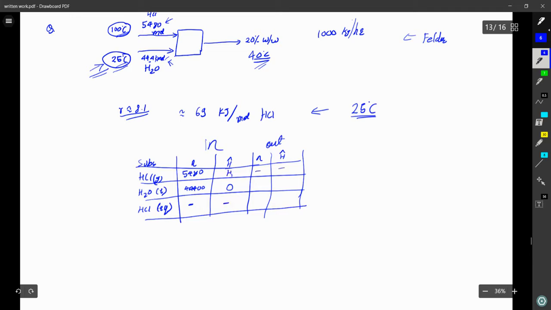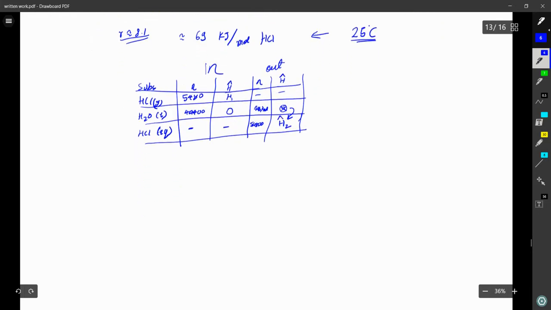Now there's one thing particular about mixtures: since everything is given in terms of moles of solvent, here 44.4 kilomole are there, but there is some H which I'm not taking separately. The H will be accounted for in the HCl aqueous. So you have 5480 moles and some H. Let me call this H2.